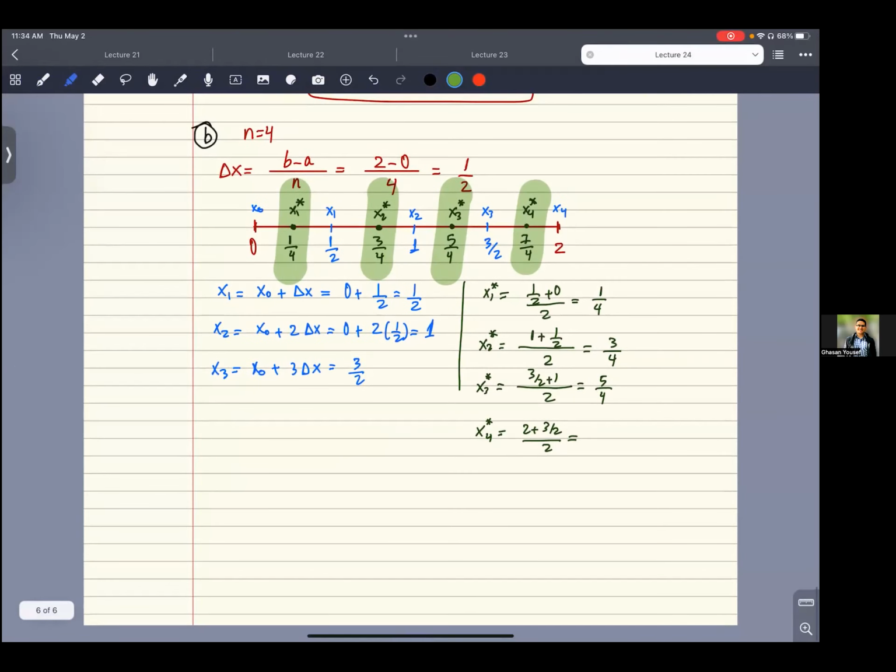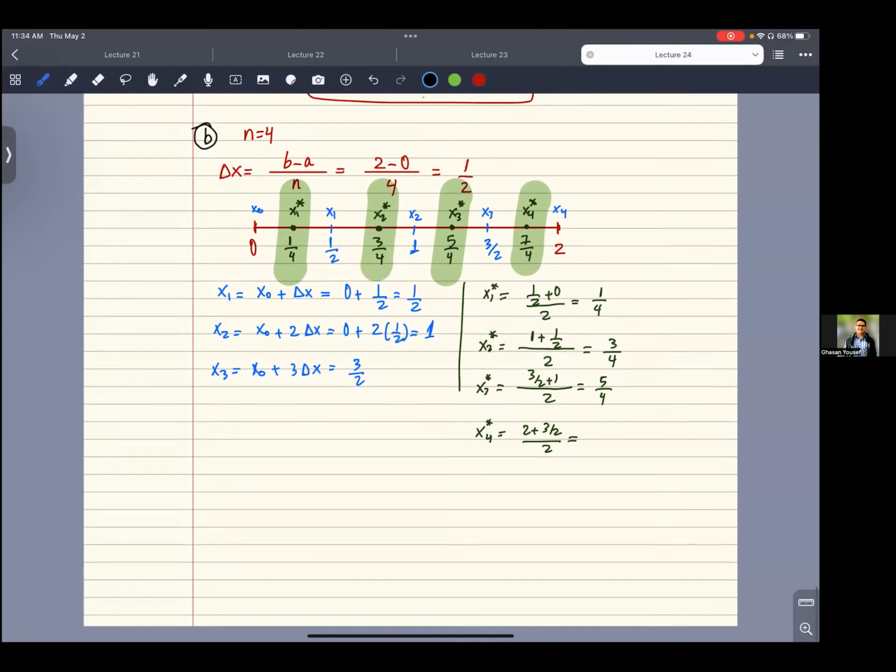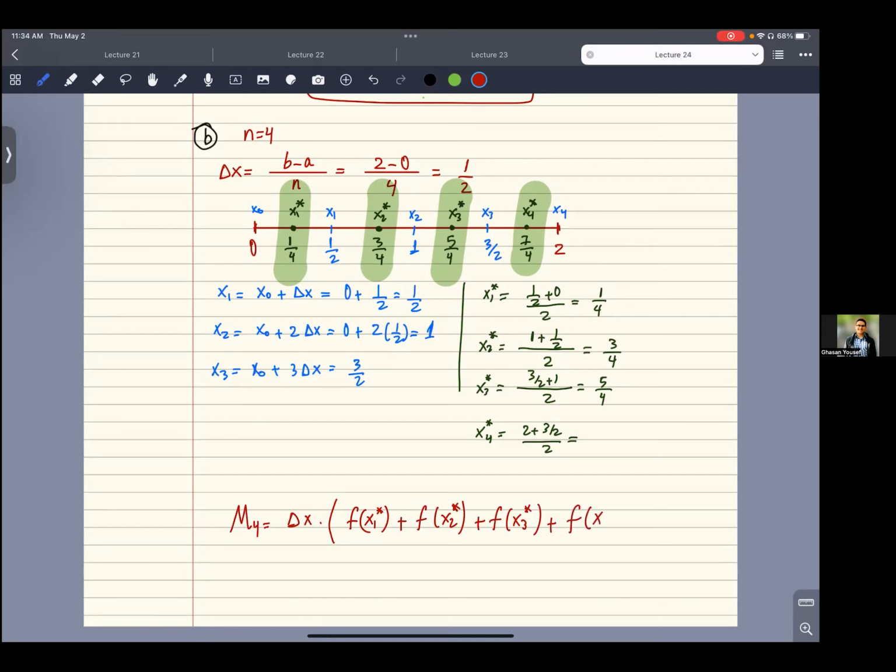Now, what's the area? The formula is like this: M4 equals delta x times f of x1 star plus f of x2 star plus f of x3 star plus f of x4 star.